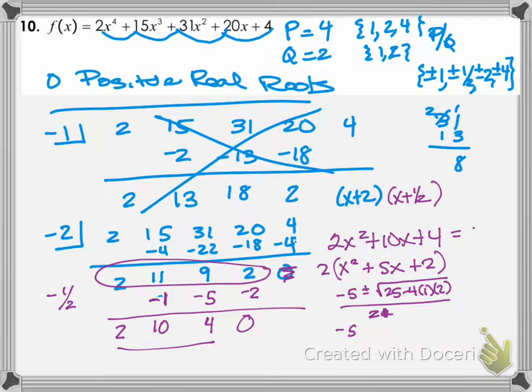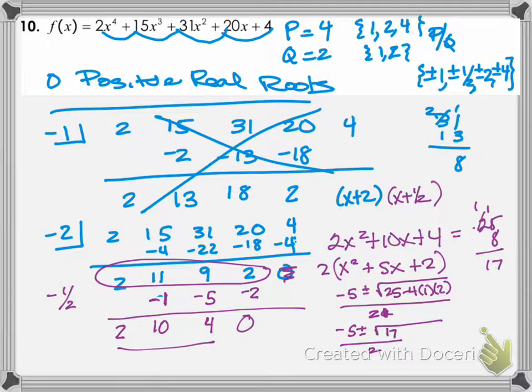So negative 5 plus or minus the square root of 25 minus 8. It's 25 minus 8. 17? Gosh, I should have known that. All right, 17 over 2. And there's nothing much I can do more than that.